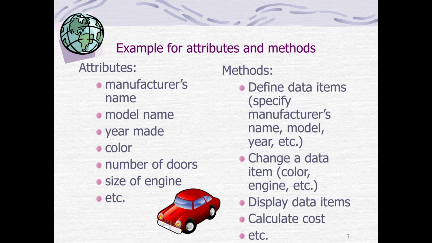We change the color, display data items, calculate cost, and define data items of manufacturer name, model and year of that car. Everything is known as a method. So here the car is an object. The car name, model name, year and color are called attributes, and displaying and cost calculation are called methods.